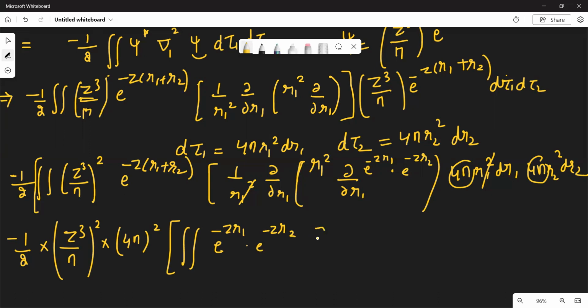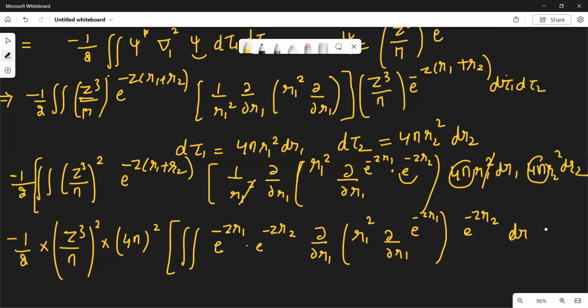And here we have del by del r1, r1 square, del by del r1, exponential minus Z r1. This exponential part I'm writing outside because it is constant with respect to r1. And what else is left? dr1, r2 square, dr2.